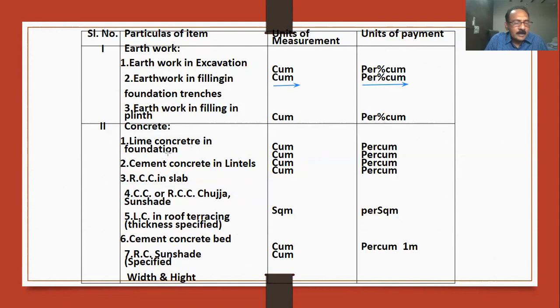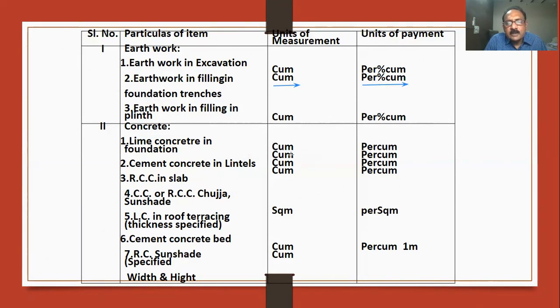Second item is concrete. Lime concrete in foundation. In the north side generally they use lime as the availability of lime is more there. But in general, in our South India, we use cement concrete in foundation.